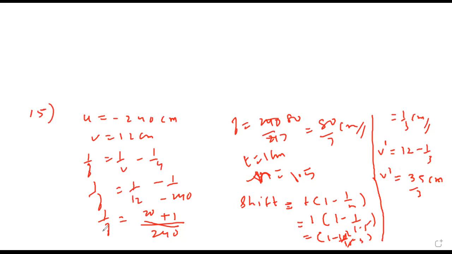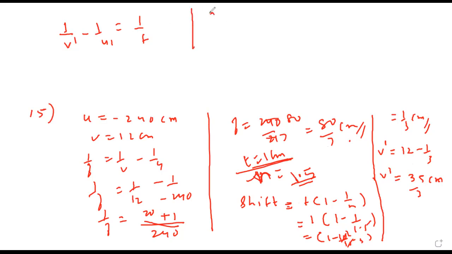So we want to find where the object should be so that we get the same focus again. 1 upon v dash minus 1 upon u dash is 1 upon f. We got focus this much. Then a plate of thickness 1 centimeter is placed, so there is a shift in the image. That means it appears to be raised, so it appears at 35 upon 3. But where should the object now be placed to get the same type of focus?